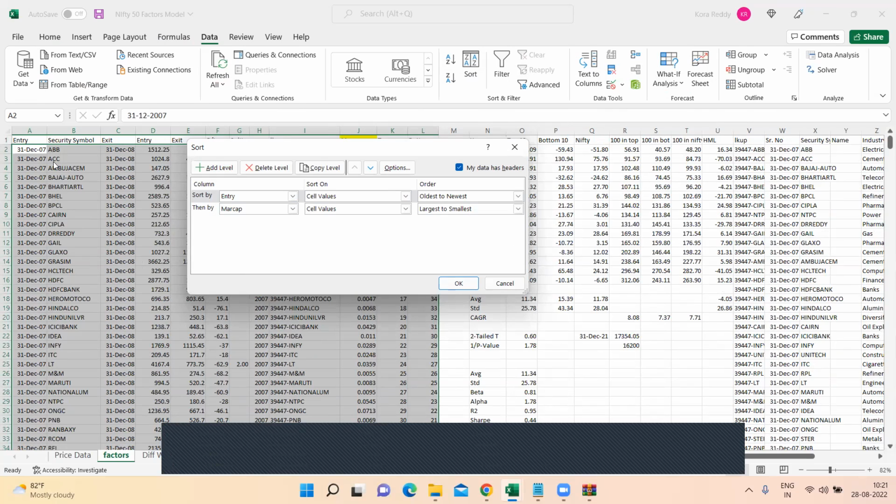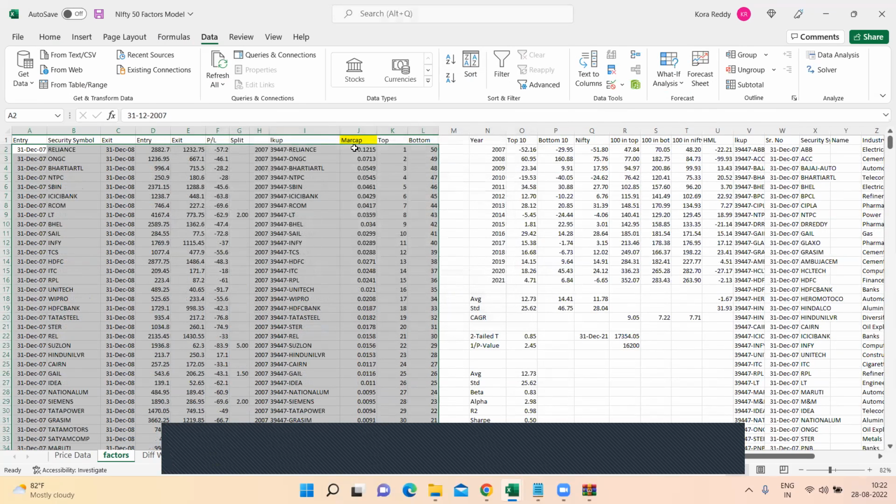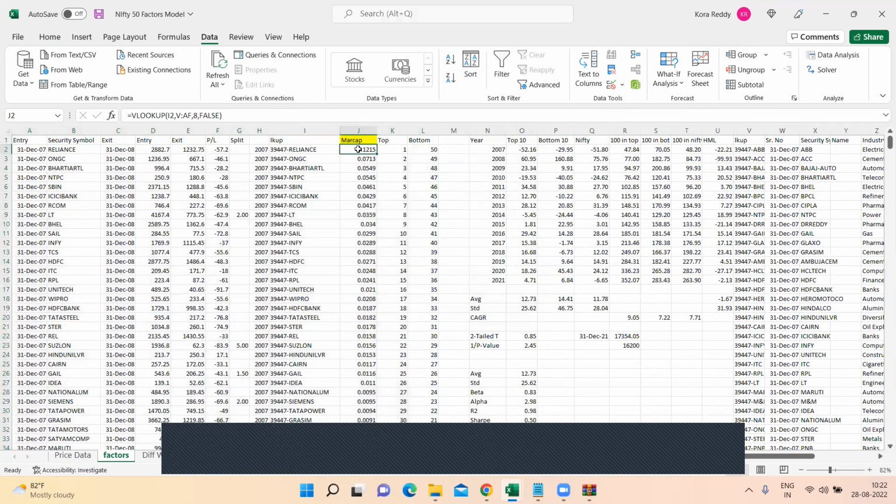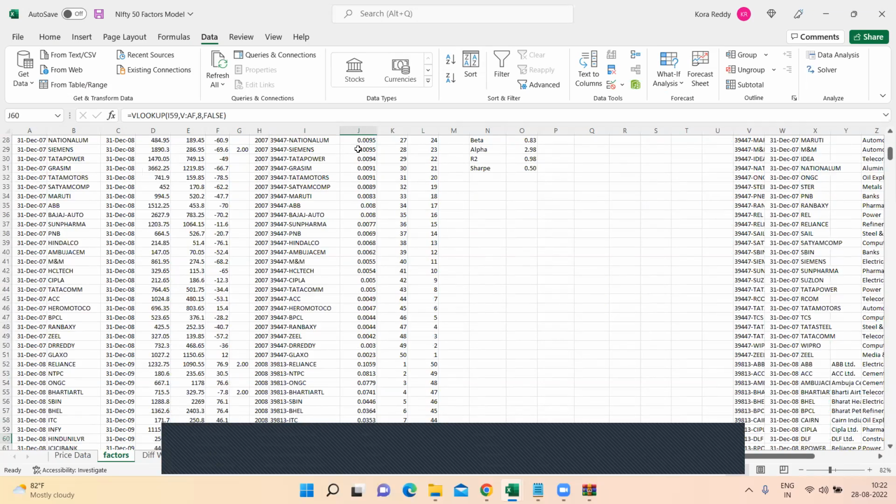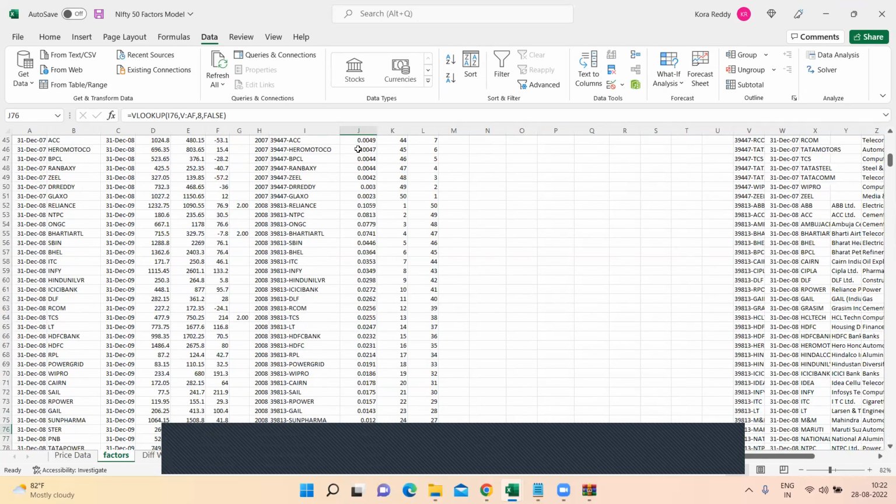So all the dates at one go, and market cap, largest to smallest. So Reliance is the top market cap company in 2007. Now again 2008, because you have done a multi-sort, something else would have come. So it's again Reliance.